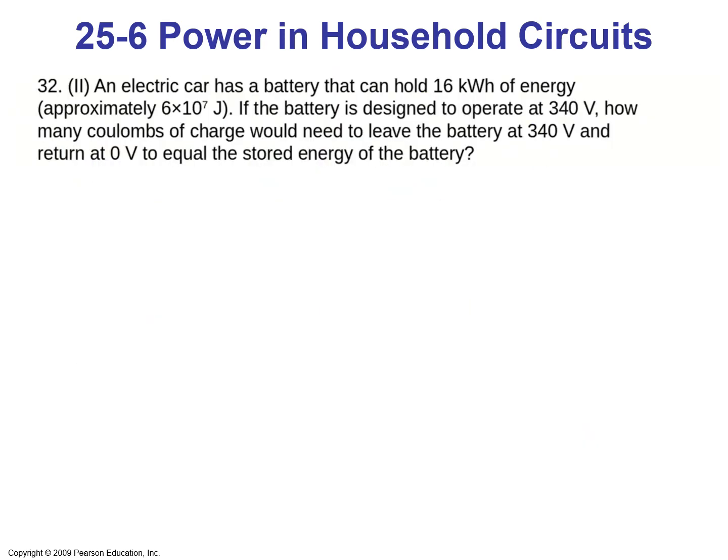All right, let's look at problem number 32 in the book as an example. An electric car has a battery that can hold 16 kilowatt hours of energy, approximately 6 times 10 to the power 7 joules.